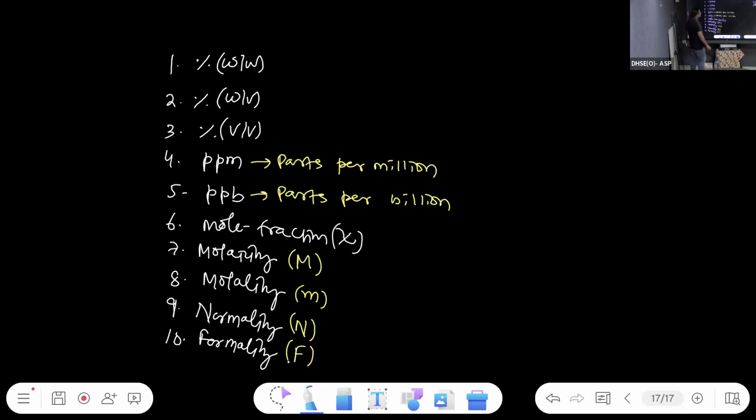Okay, now we are going to discuss these concentration units one by one. We'll start with percentage weight by weight of solute. Just suppose in your class 50 students are present.